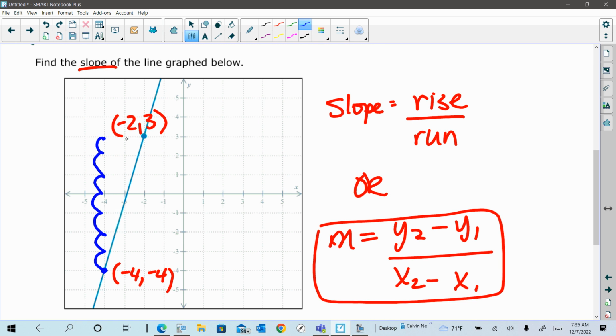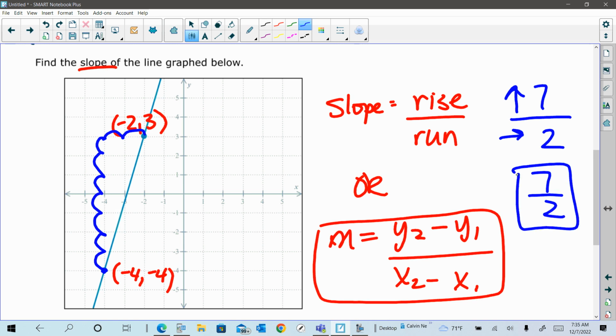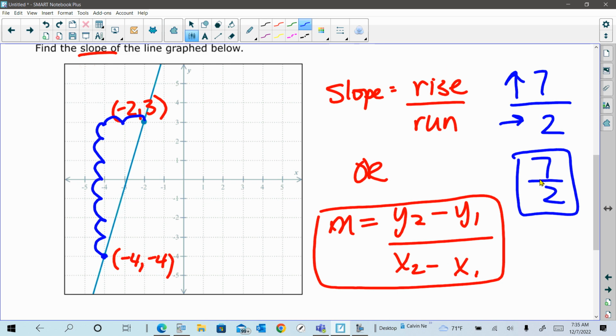So that's going up 7. And then I would go to the right 2. So my rise over run is just 7 over 2. Keep it in fraction form. I'm not sure if it takes off for decimals, but keep it as a ratio.